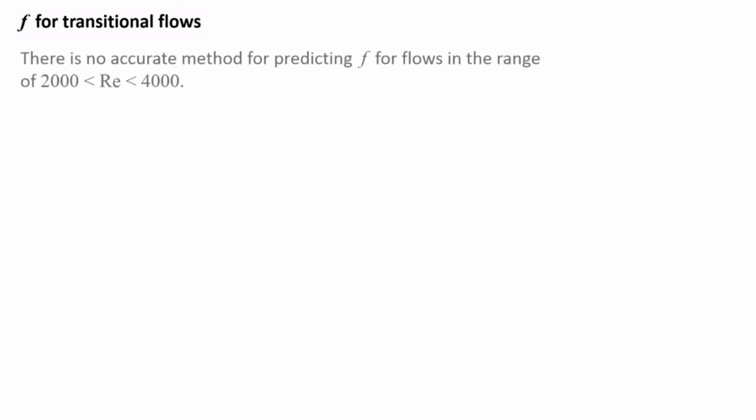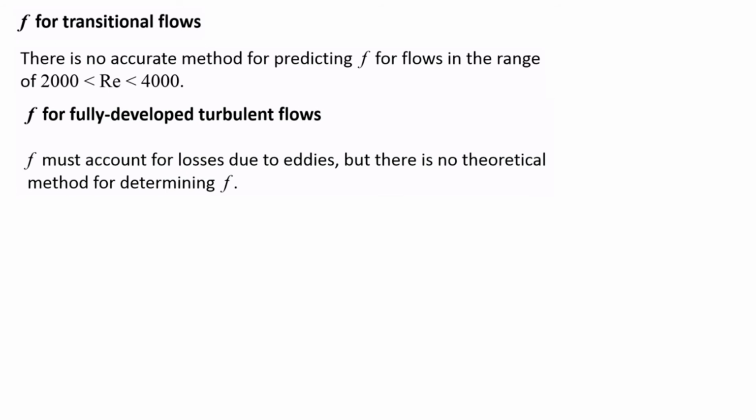So now for the friction factor for transition flows, we know that there is no accurate method to actually determine it. We will be more concerned about finding the friction factor for our turbulent flows, and they must account for the eddies, and how these eddies occur we will look into in a while.